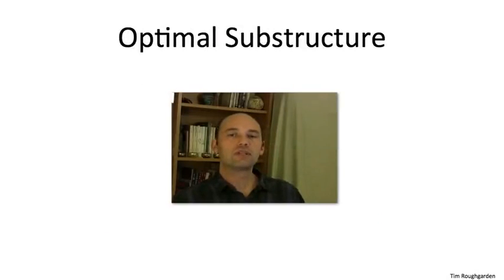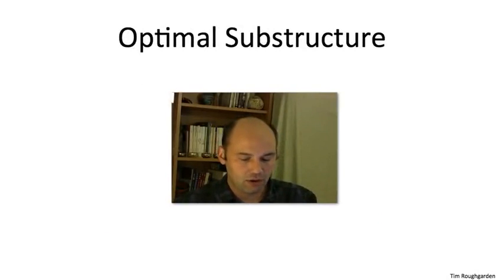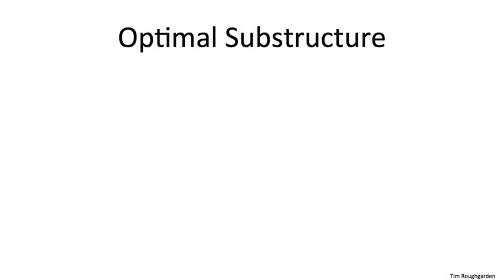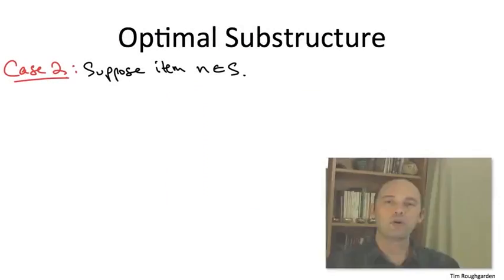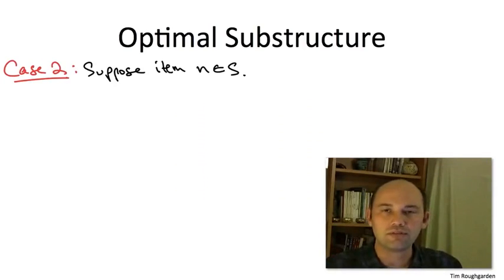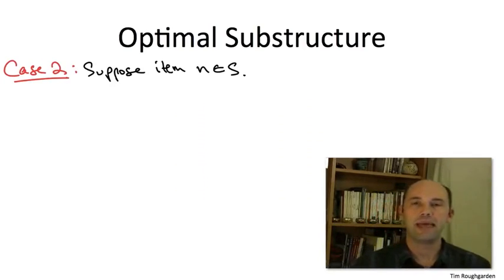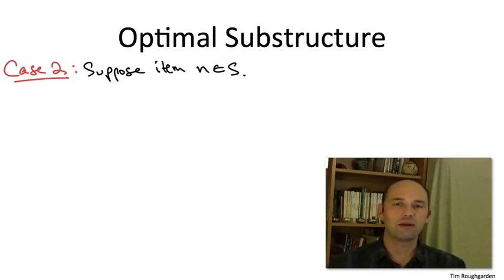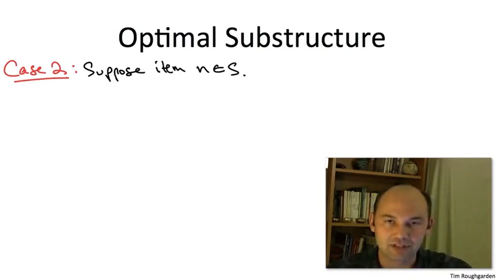So let's go through the slightly trickier case 2 together using a quiz. Suppose the optimal knapsack solution does in fact make use of this final item n. Now we want to talk about this being somehow composed of an optimal solution to a smaller subproblem. So if we're going to delete the last item, then we can't talk about S, right, because S has the last item.